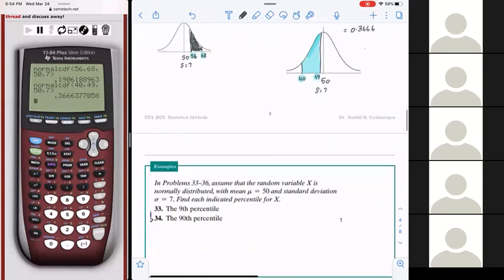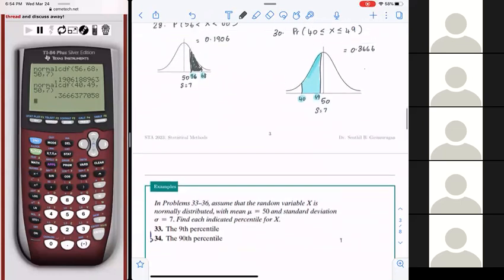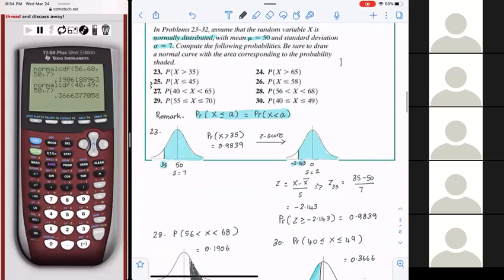So in all of the previous problems, we were given a percentile, and then we found the probability. What do I mean by that? The percentiles are simply all of these endpoints that we use to find the probability.